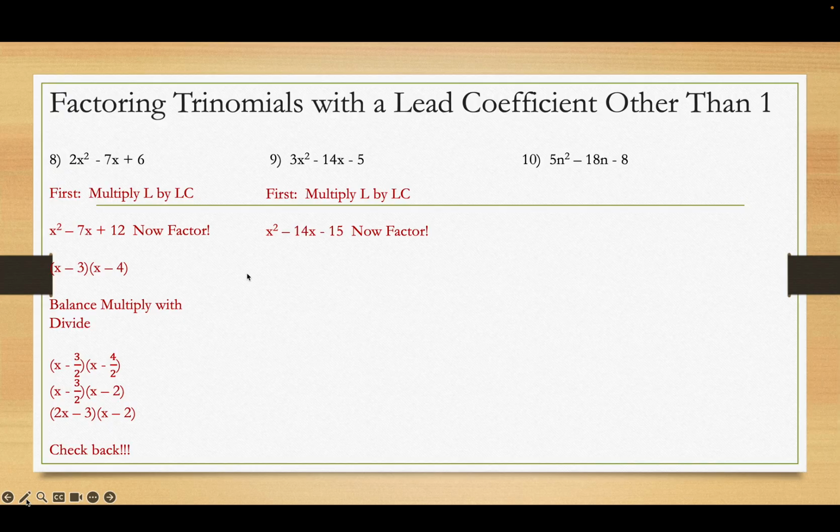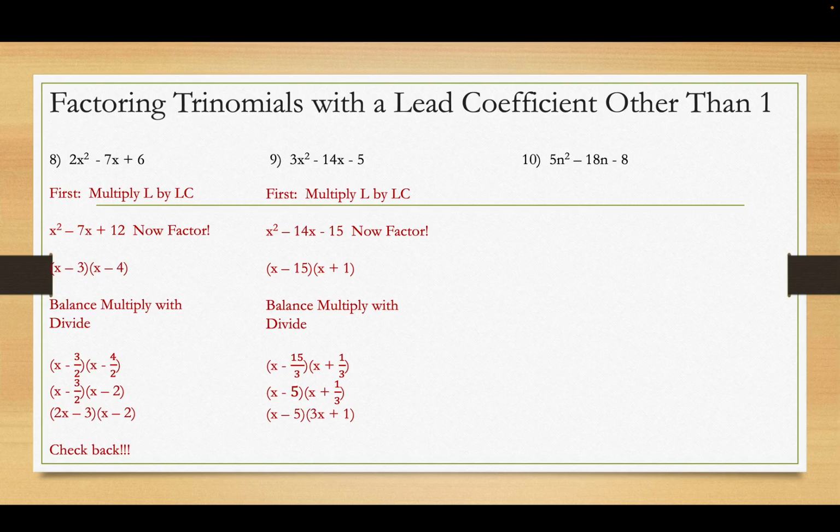All right, so now I factor x squared minus 14x minus 15, and that gives me x minus 15 times x plus 1. But you got to remember, you got to balance off that multiplication of the last term by the lead coefficient by dividing by that lead coefficient. So I divide both last numbers only by 3. 15 over 3 is 5, and when I get a fraction left, I take that denominator, multiply it by the term in front, which is just like what you would have done in elementary school when you create a mixed number, which gets rid of fractions.